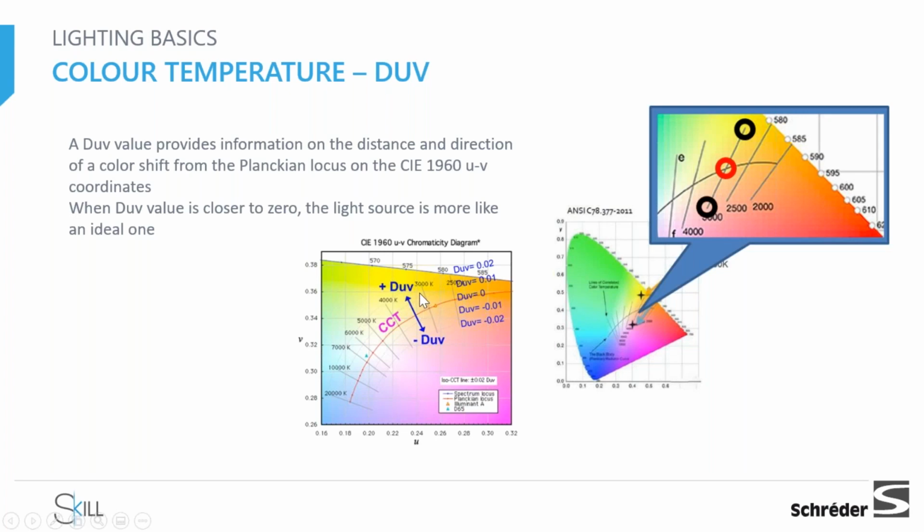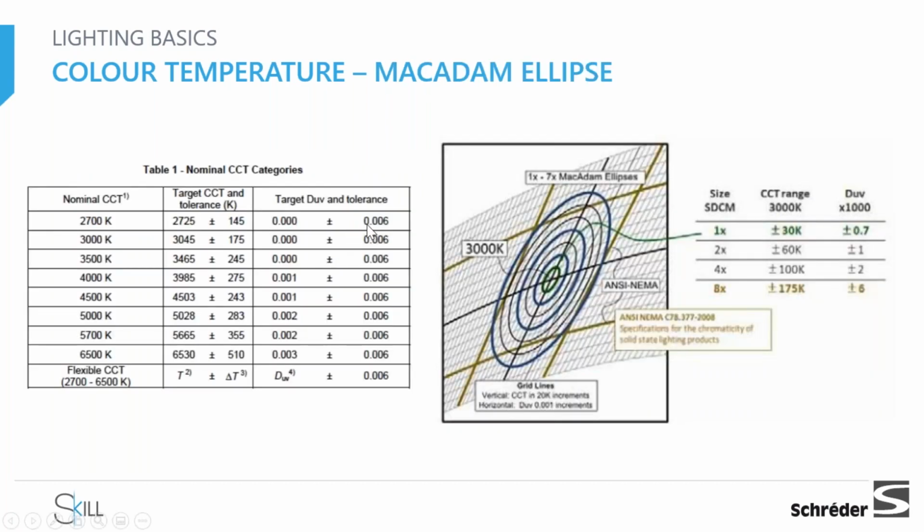So as much as we deviate in plus or minus, the MacAdam ellipse will also identify the limit that we have here. As you saw, you are allowed to deviate 0.006 plus and minus. And here, you are allowed plus and minus 2 divided by 1000, which is 0.002.